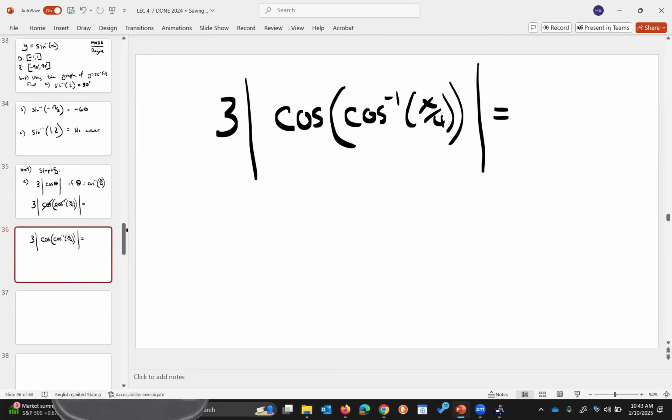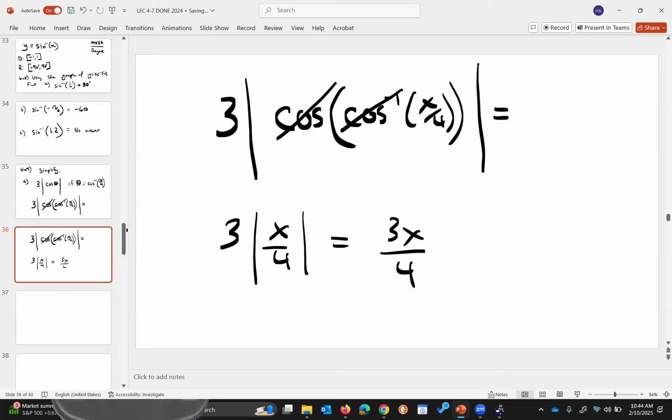And when they cancel out, they leave this. Now the other thing is, x divided by 4 inside an absolute value will be positive forever. And the answer is this right here. Are we good? Because I messed up. I put pi in there accidentally.